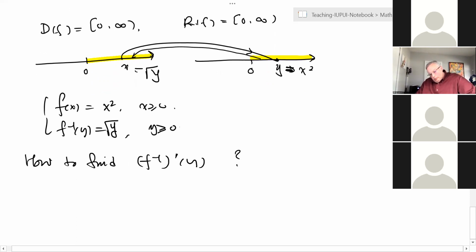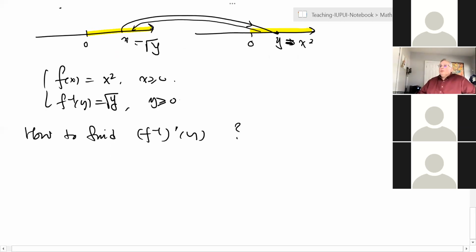Well, let's try. Sometimes you're not able to express the inverse function by an elementary function, so you're not able to differentiate.